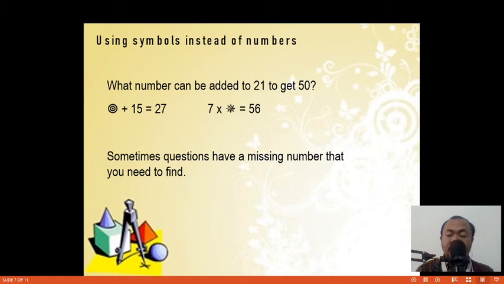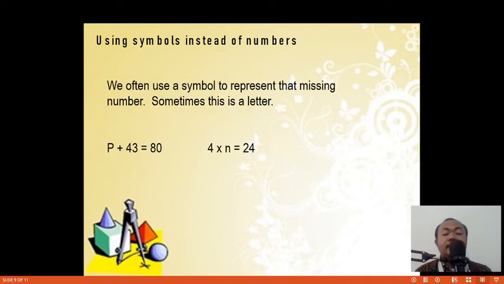Now, we often use a symbol to represent that missing number. Sometimes you have to use a letter: P plus 43 equals 80, or 4 multiplied by n equals 24.